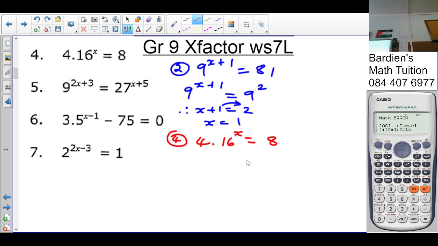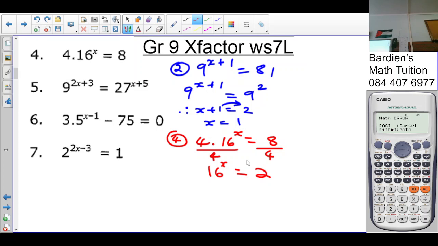Divide both sides by 4. You say 16 to the x equals 2. So hang on, what are we going to do now? Divide by 16 on both sides? No. The base must be the same so that the exponents can be equal.